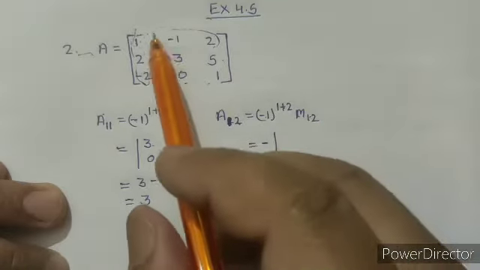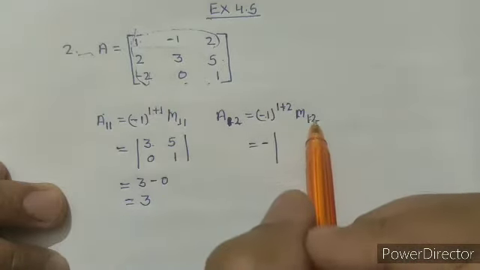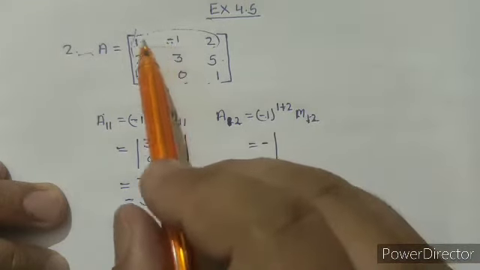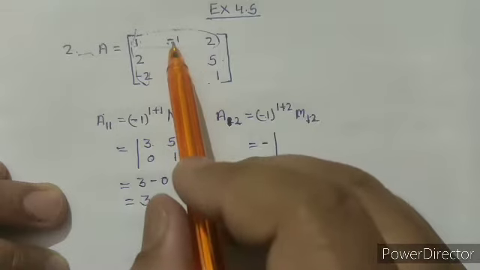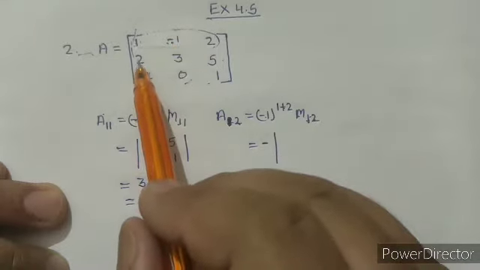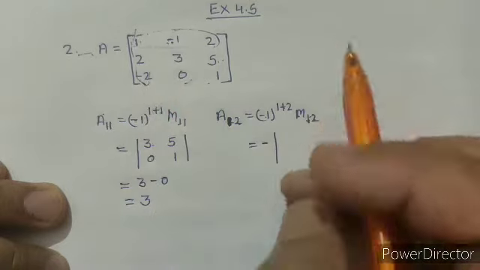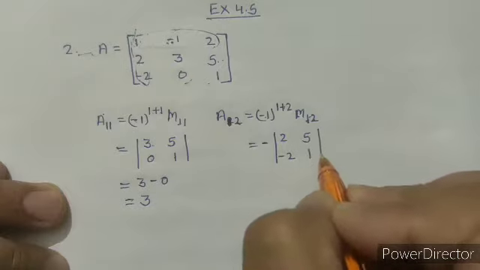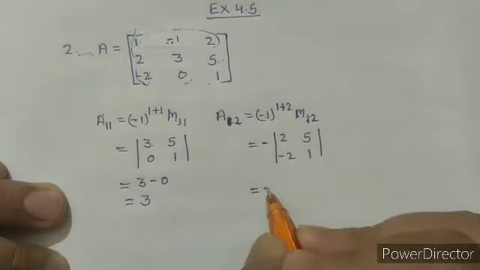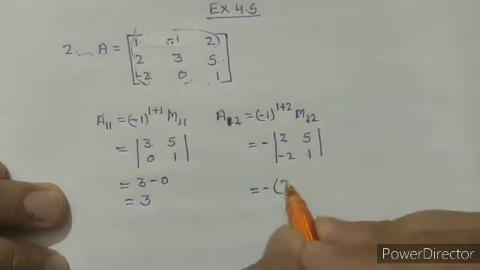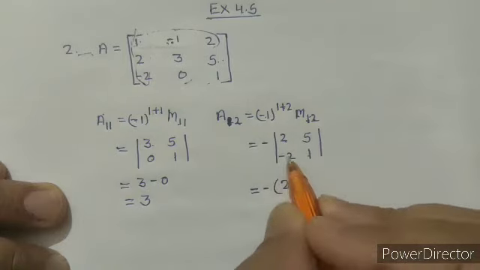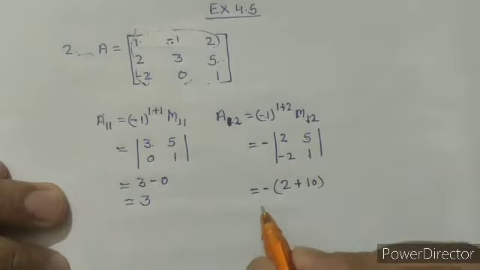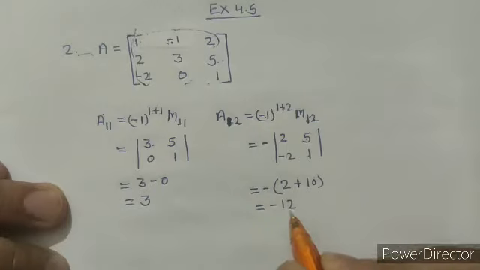Now the minor of the second element of the first row, that is minus 1, will be obtained by eliminating the row and column of minus 1, and that will give us determinant of 2 5, minus 2 1, and this will be equal to 2 into 1 is 2, minus of minus 2 into 5 is plus 10, and that will be 12.